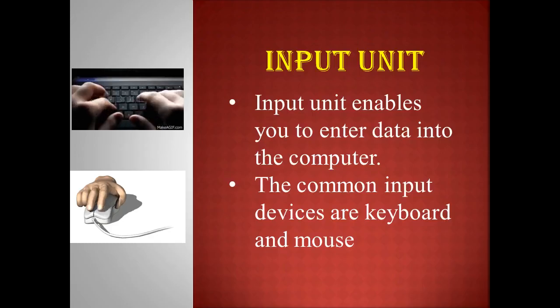Next, the input unit enables you to enter data into the computer. The common input devices are keyboard and mouse. With the help of keyboard and mouse, you can enter data into the computer.